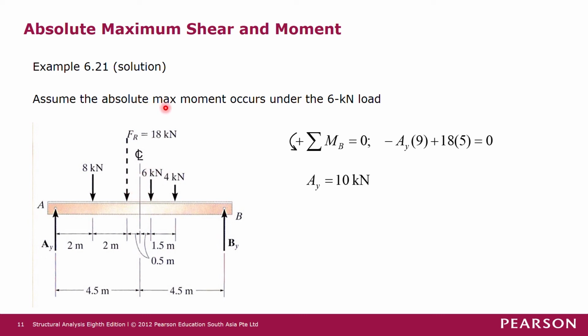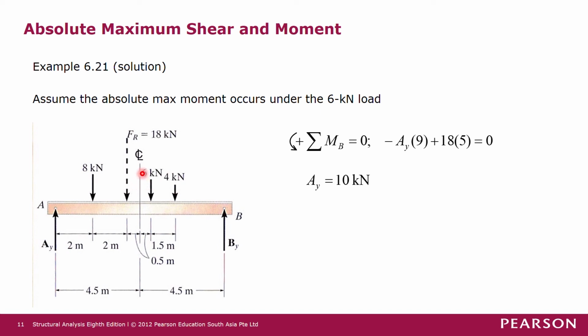So if we assume the absolute maximum moment occurs underneath this load, then we have to place this system of forces in such a way that the 6 kilonewton load, where we assume the maximum moment will occur, and the resultant force are at equal distances from the center line of the beam.